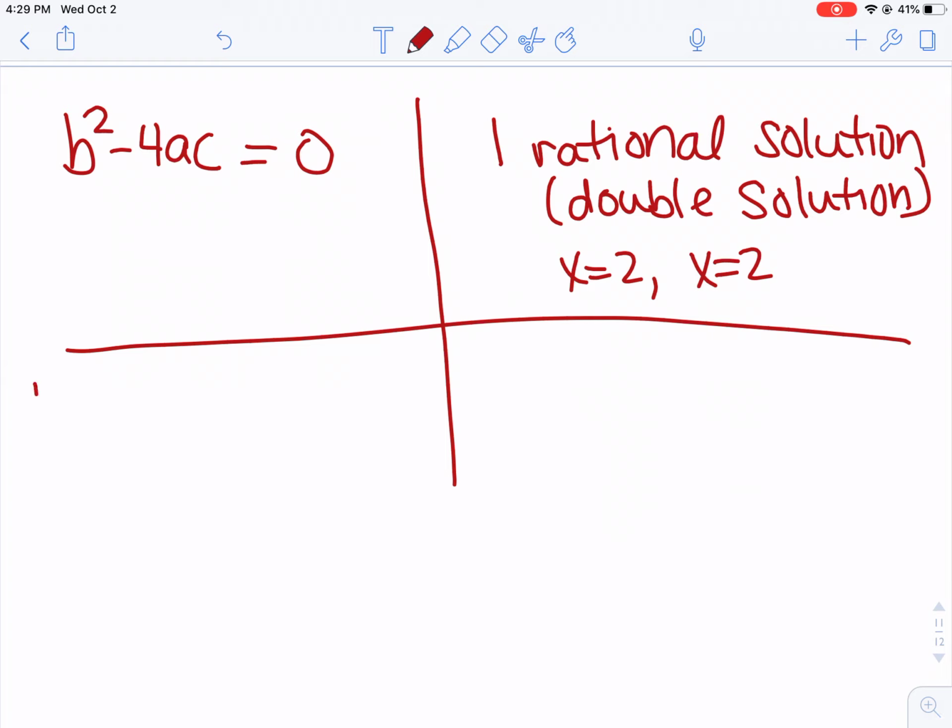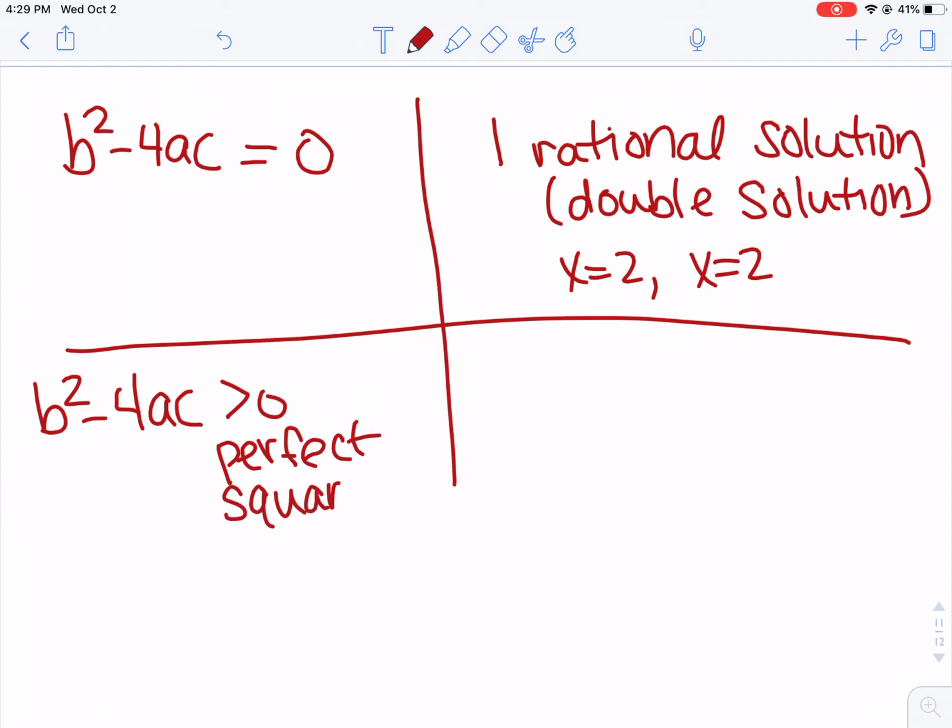If you have b squared minus 4ac greater than 0 and it's a perfect square, like 16, 25, whatever, okay, you're going to have 2 rational solutions, meaning they're just normal answers like 1/2, 1/3, 2.